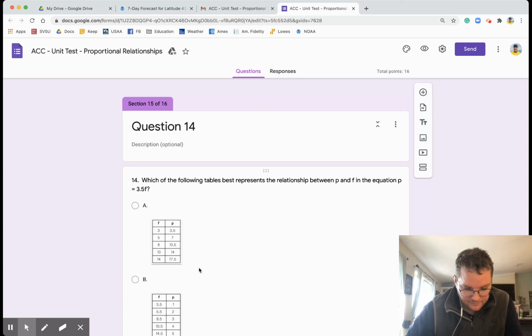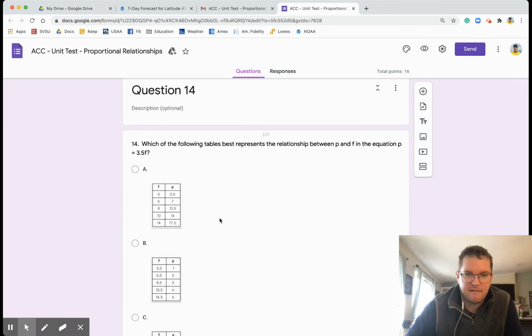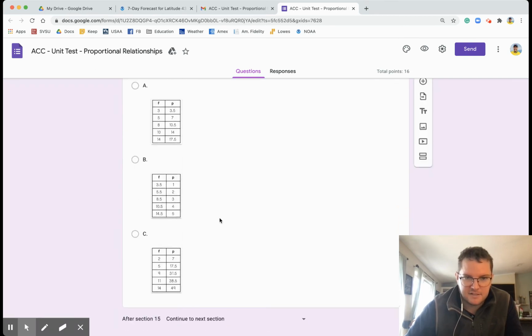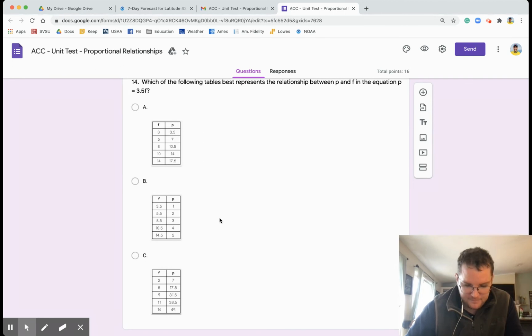14. Which of the following tables best represents the relationship between P and F in the equation P equals 3.5F? Okay, so you have these 3 tables, and you need to find the constant of proportionality in each.